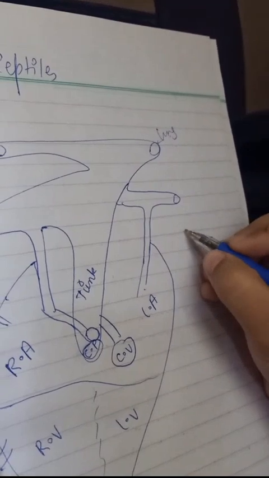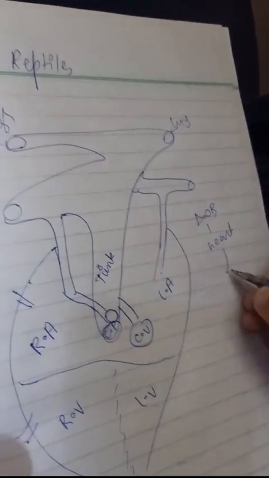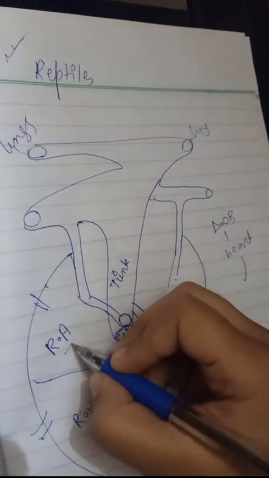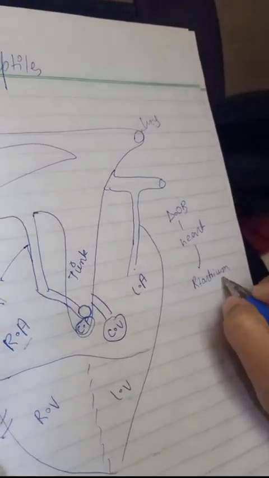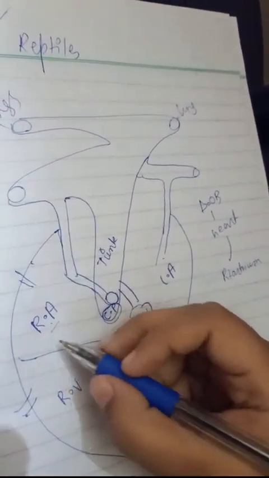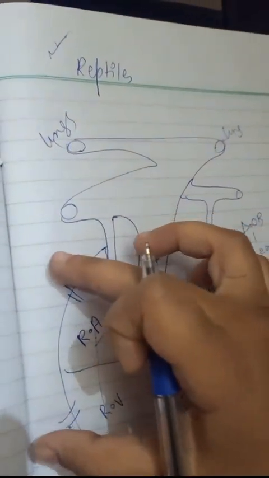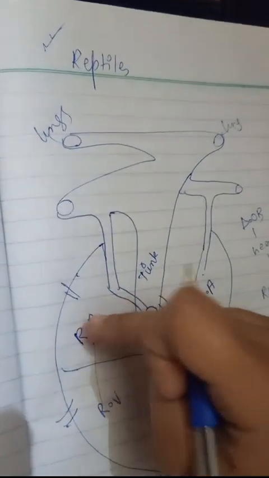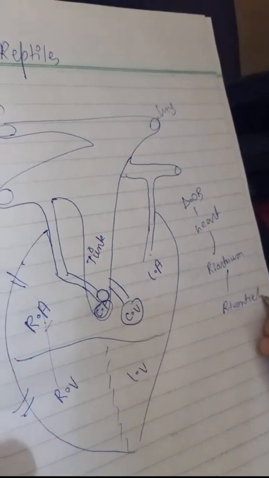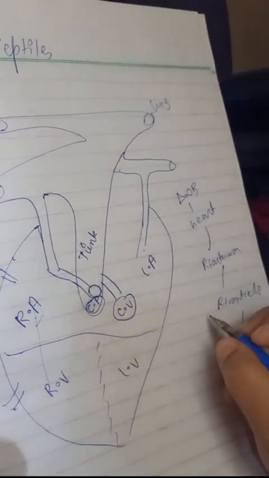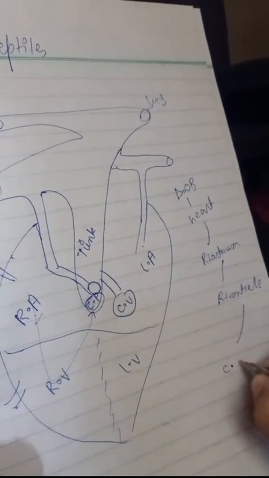The deoxygenated blood comes from the body to the right atrium, then moves to the right ventricle. Through the post-caval, the deoxygenated blood comes to the right atrium and then the right ventricle. After that the blood moves toward the cavum pulmonalis, CP.